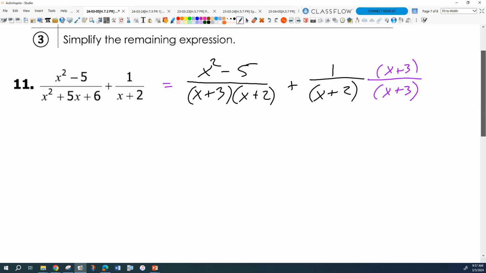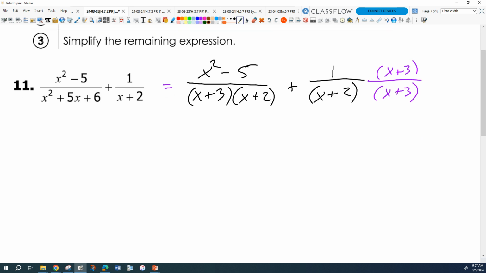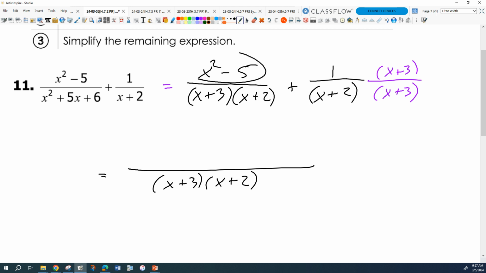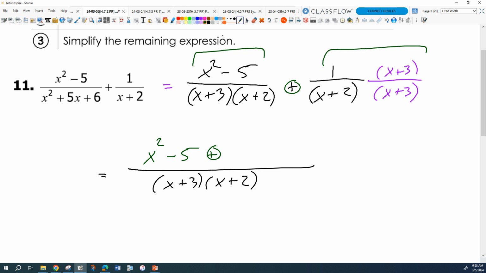Okay, so then we get our common denominator, x plus 3 times x plus 2. And what do we get? Well, we get x squared minus 5 plus, there's my plus sign, 1 times x plus 3.